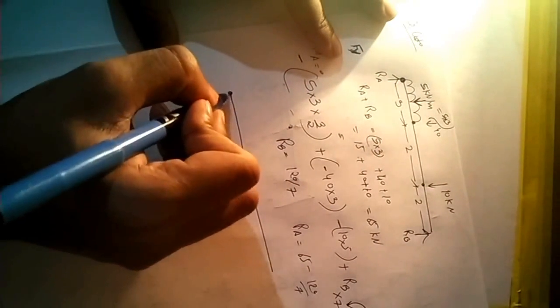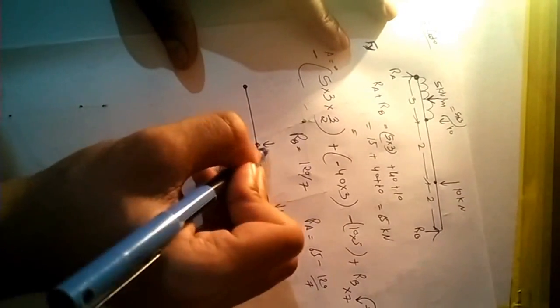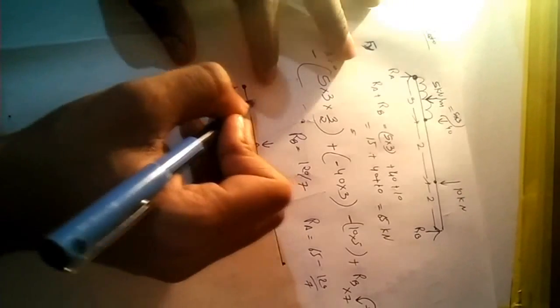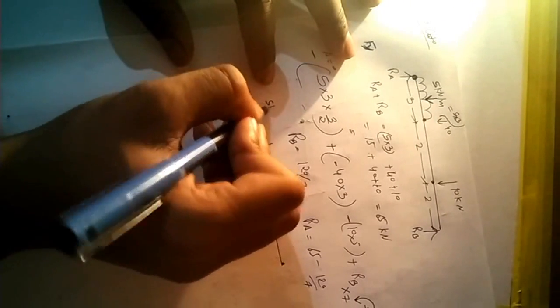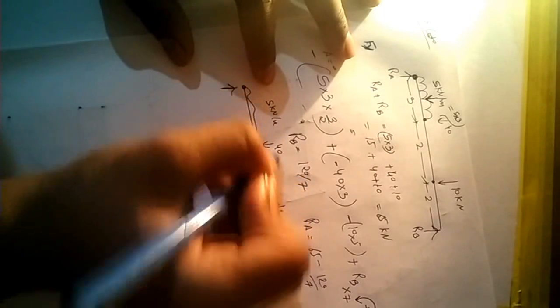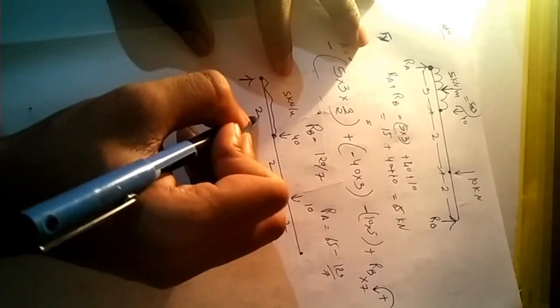These are the values. Now if we are going to make the graph, with 5 kilonewton per meter, 40, 10, and distances 2, 2, 3.